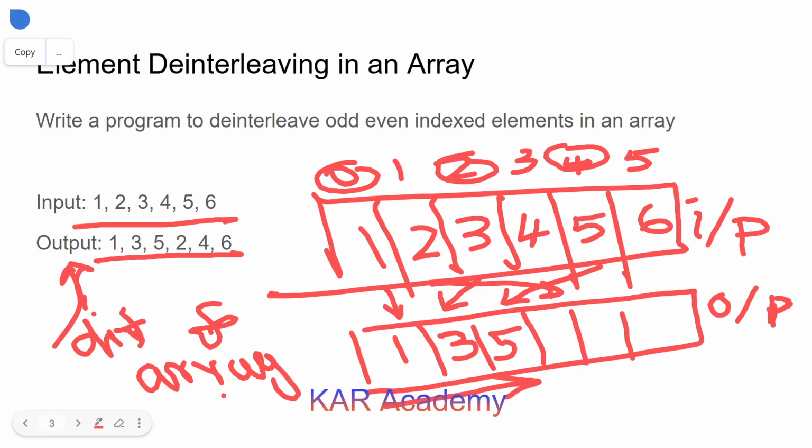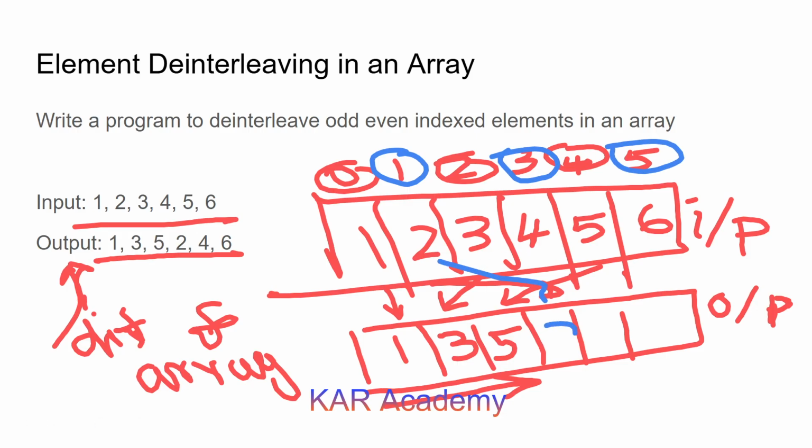And these indexes 1, 3, 5 go here. So 2 goes here, you skip an element, 4 goes here and 6 goes here. So this is a very simple LeetCode problem.